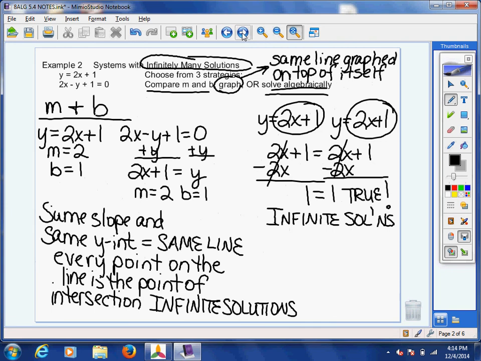I have 1 or more solutions, so I would classify this as a consistent system. If I have a system that has just 1 answer, it is consistent. If I have a system that has infinite solutions, it is also consistent. And if it's like example 1 and I have no solution, I would classify that as inconsistent.